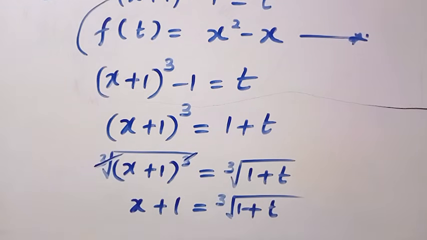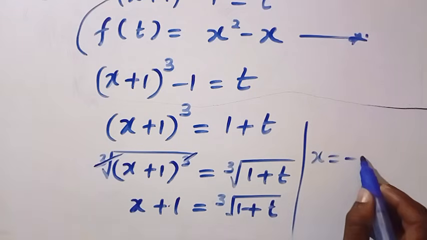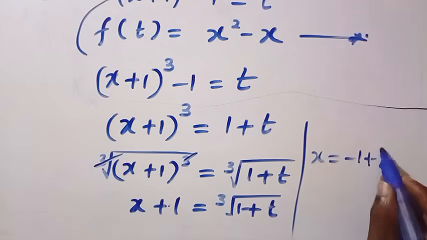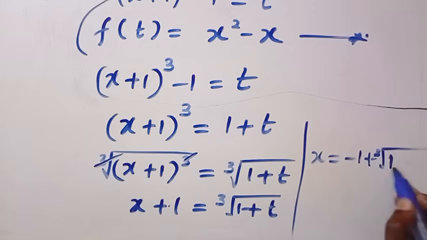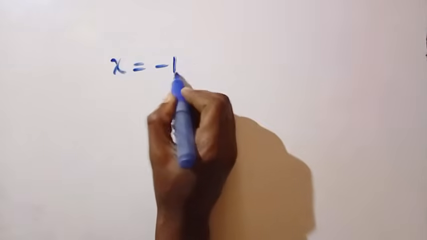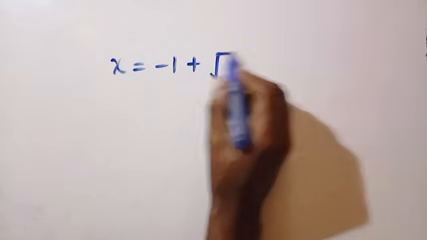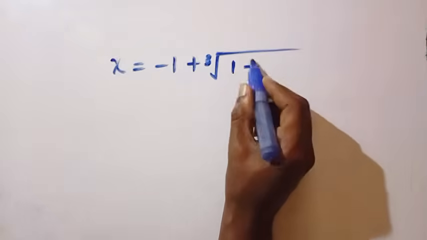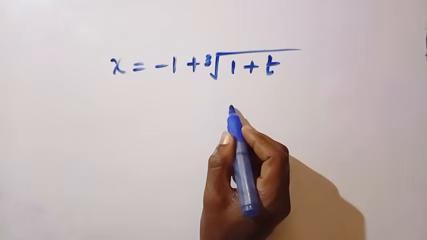By making x the subject, we transfer 1 to the other side, and we have x equals minus 1 plus the cube root of 1 plus t.